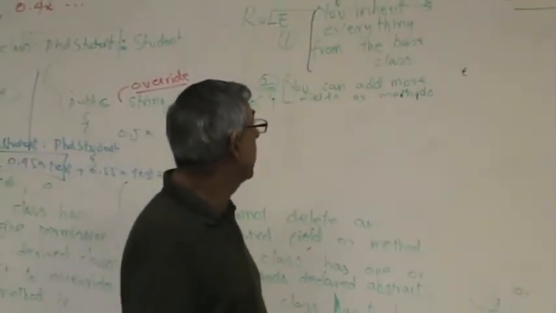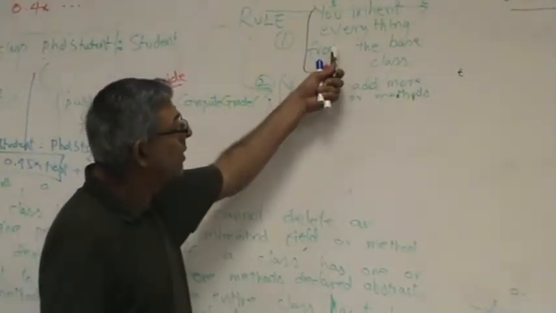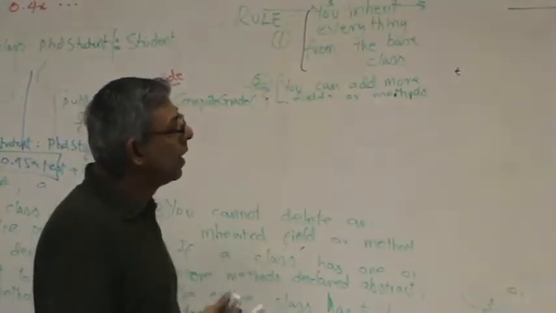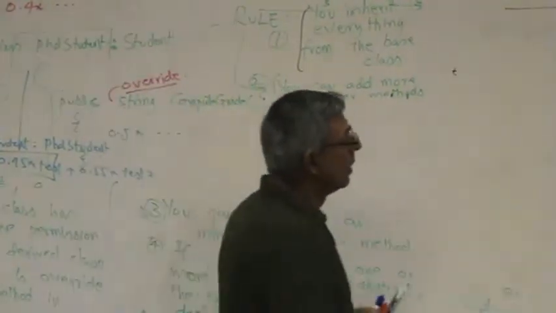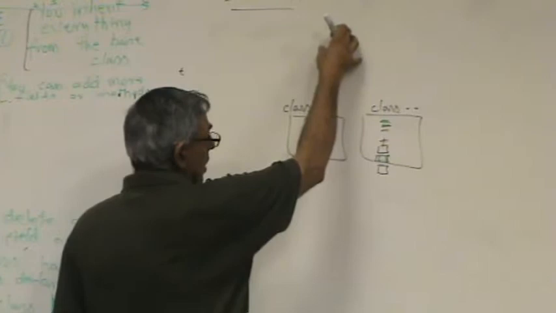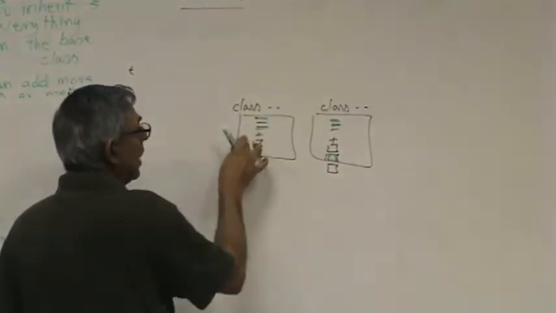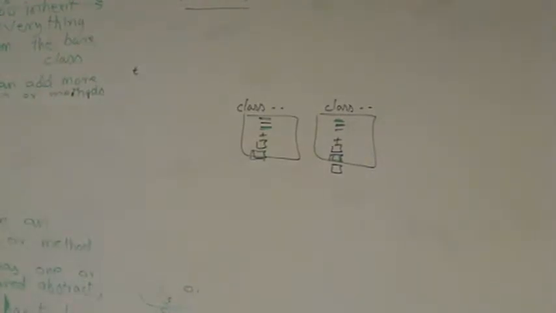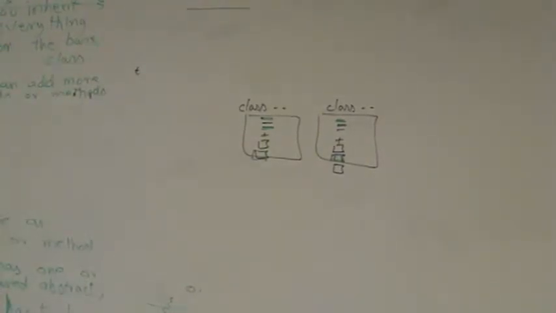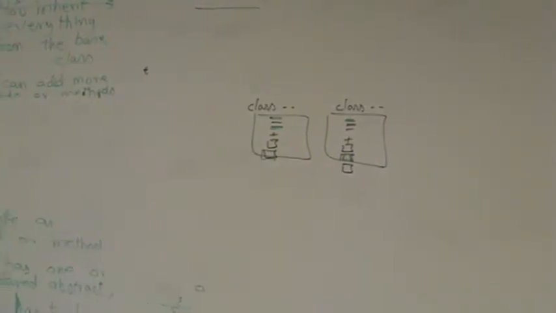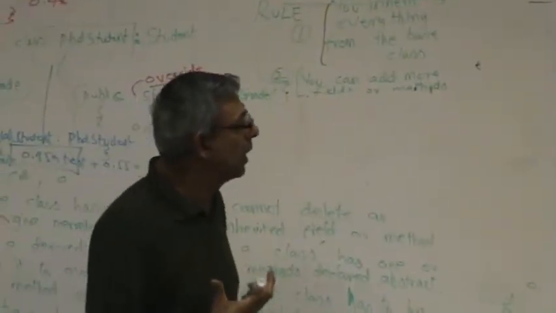And the reason is because we inherit everything. If we created the base class first, we may end up putting something over here which is really not needed in a derived class, which is a violation of one of the important rules in good software development, right?